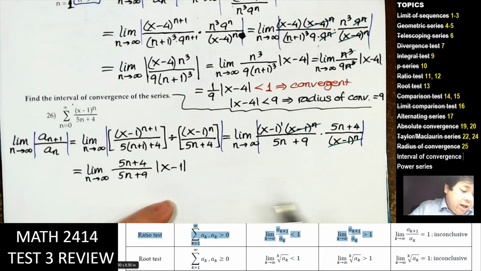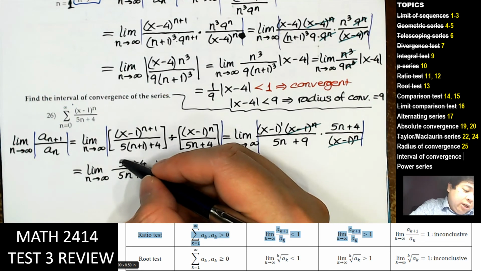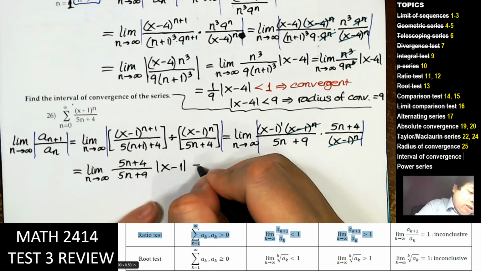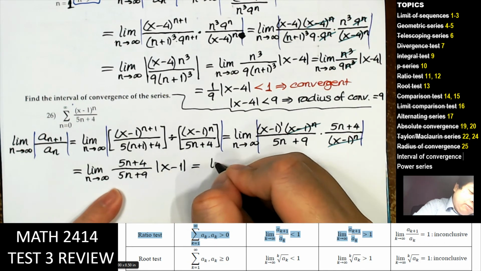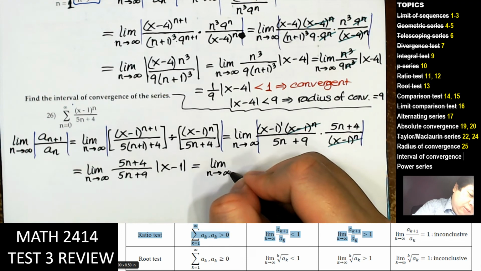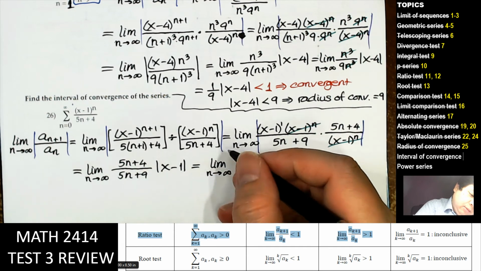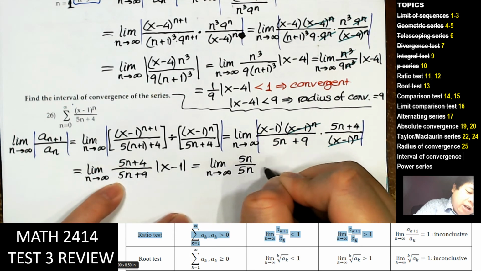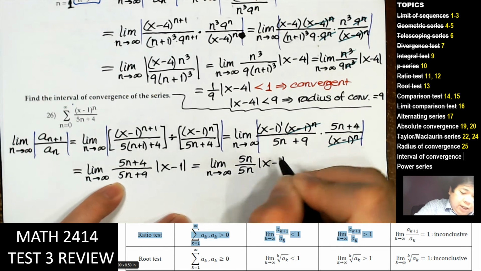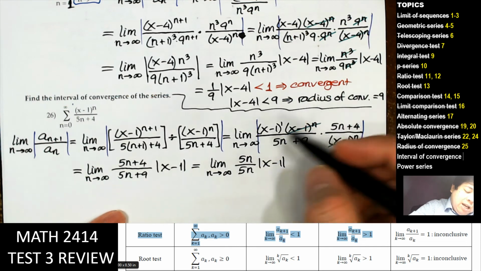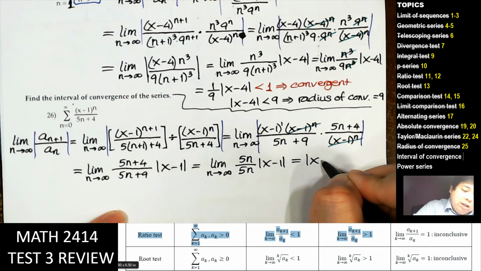Now, as n goes to infinity, only the highest power term matters. So we just have 5n, the higher power, and 5n, the higher power, and this pretty much cancels out. We just have the absolute value of x minus 1.